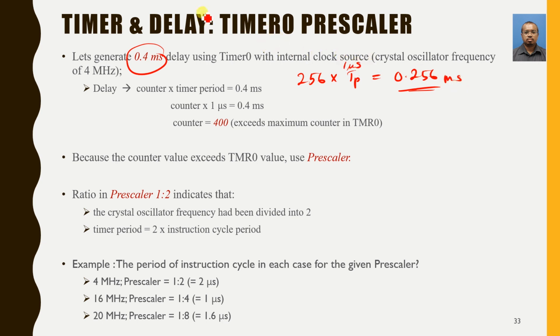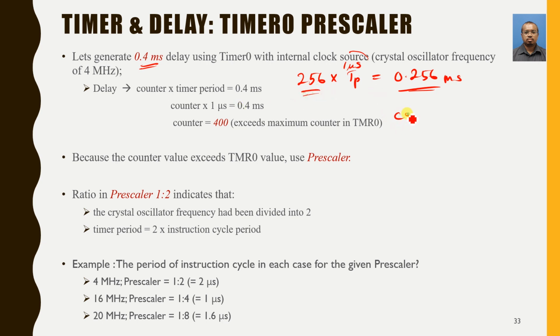What if you want to generate 0.4 millisecond? So how to do that? Let's try to find the actual counts that are required.